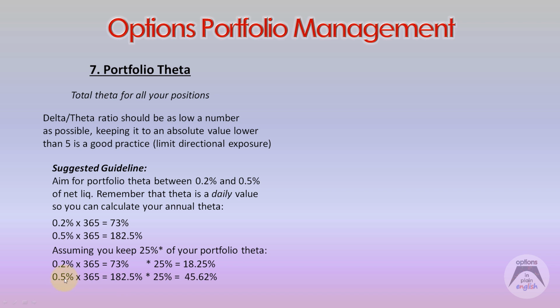And if you keep 0.5%, then you would make around 45% a year, which are pretty good numbers. Now, this number is based on experience, and it's based on balancing your deltas and applying best practices, etc. So from the theta number that you get, if you think that you're going to keep 20 to 25%, that would be a good indication of what you're shooting for.